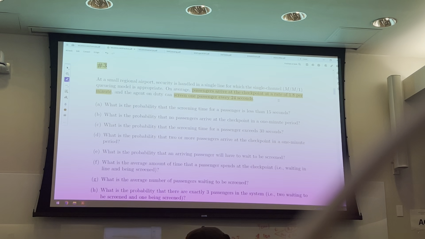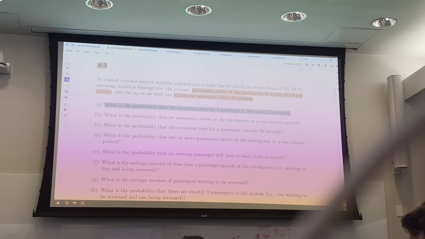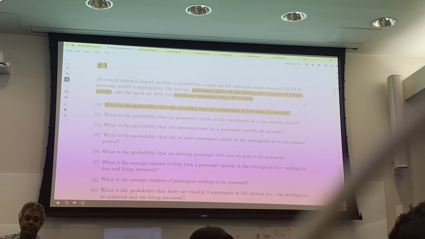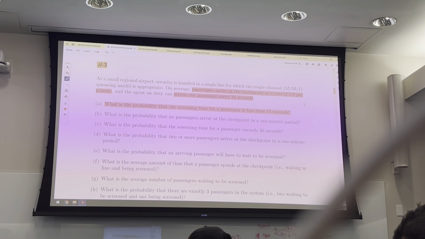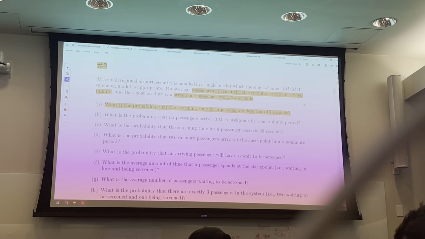And remember, when you compute the probabilities for the service process. So here it's asking for the probability the screening time for a passenger is less than 15 seconds. Well, we said mu was 2.5 passengers per minute. So in that case, what do you have to do to compute the probability that the time is less than 15 seconds?